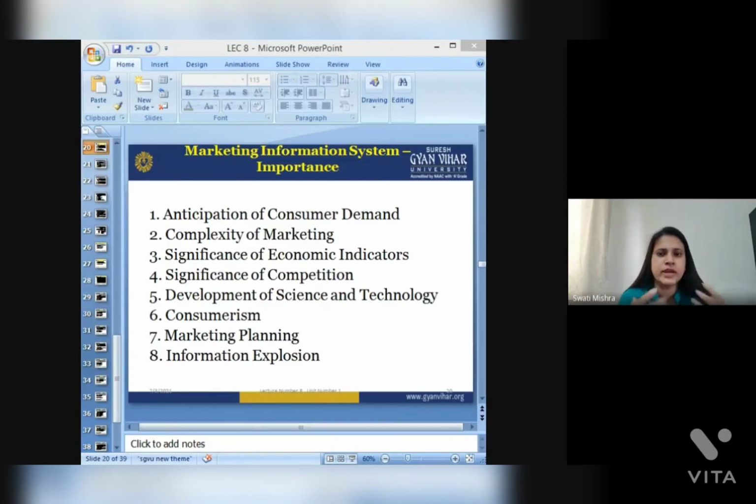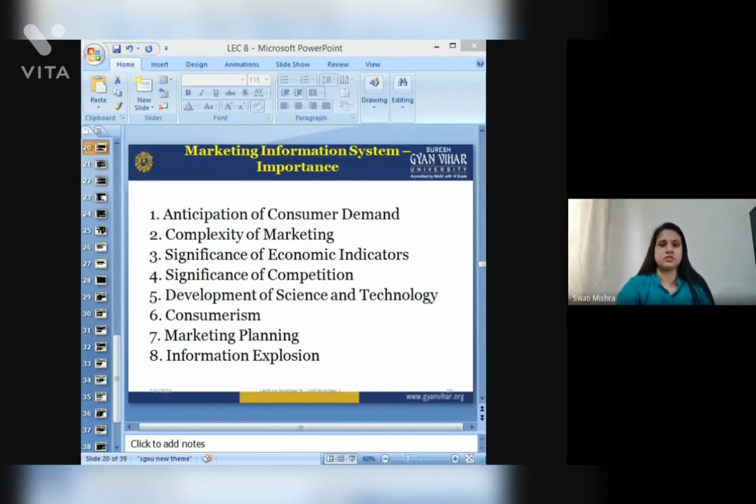So up to date marketing information system alone can actually establish the proper two-way flow of information and understanding between the producers and the consumers in a wider market.